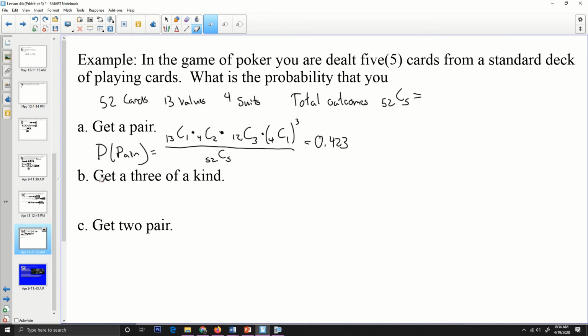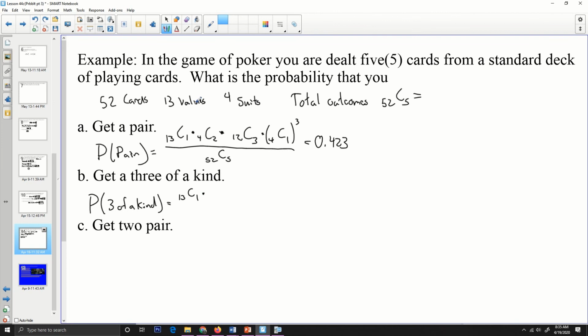All right, okay, so we want to get 3 of a kind. If we're trying to get 3 of a kind, let's get the right tool. So we're trying to get 3 of a kind. What is 3 of a kind? We are going to go 13, and we're again going to choose 1. So that's going to be our 3.